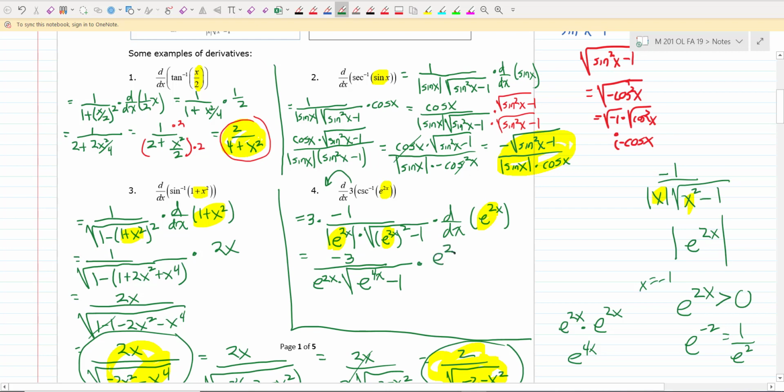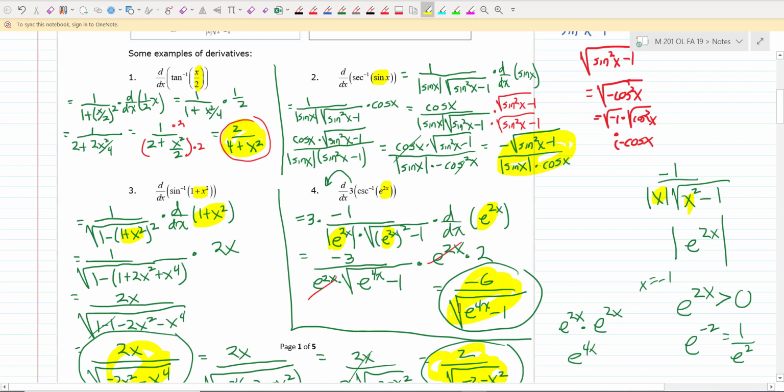So it's going to be itself times the derivative of the exponent. So the derivative of 2x is 2. So that's what you're doing. It looks like these whole entire things there cancel out. And then 2 times negative 3 is negative 6. And you would have the square root of e to the 4x minus 1 would be what you have there then.